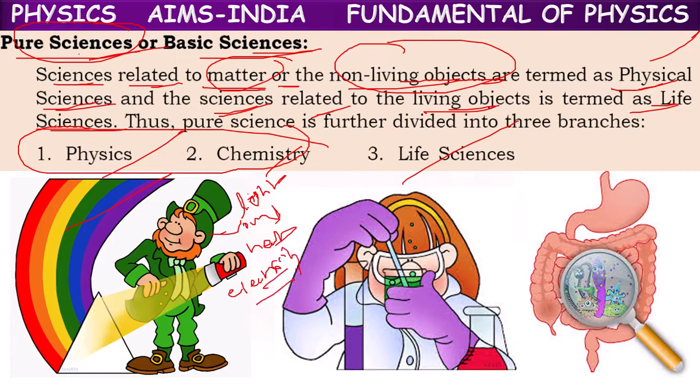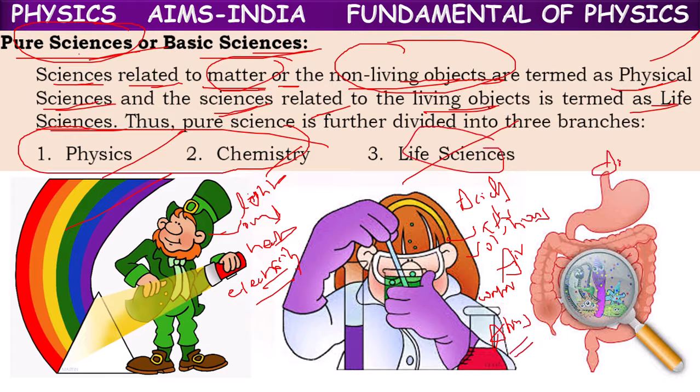Whereas chemistry means studying about acids, salts, solutions, air, water, or atoms. These all come under chemistry. Whereas life sciences means studying about animals, birds, and humans. These all come under life sciences.